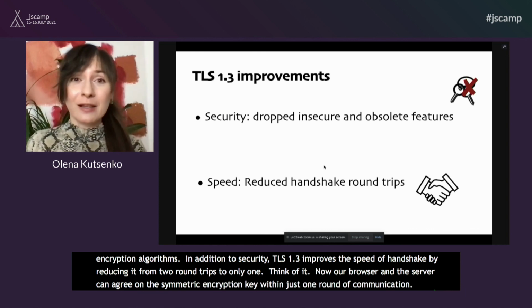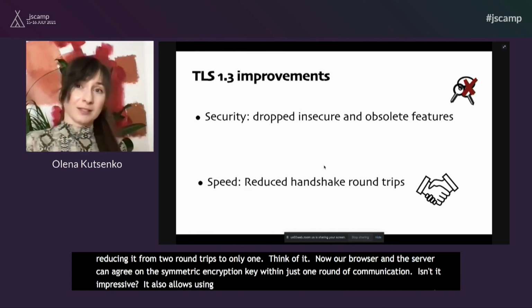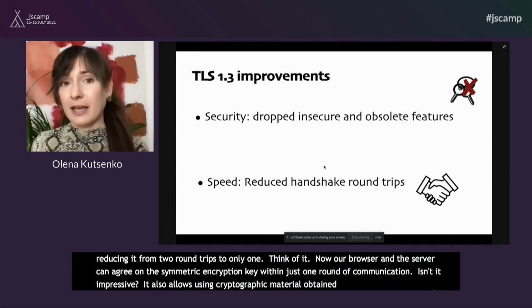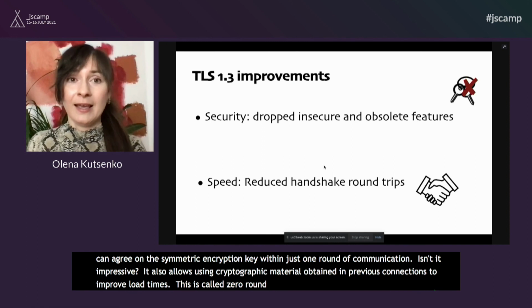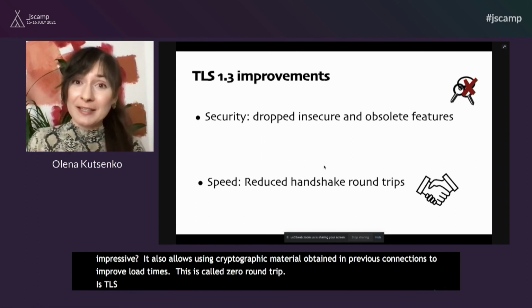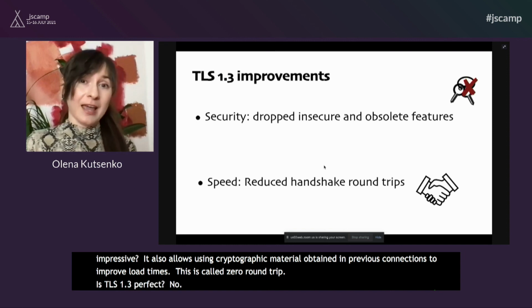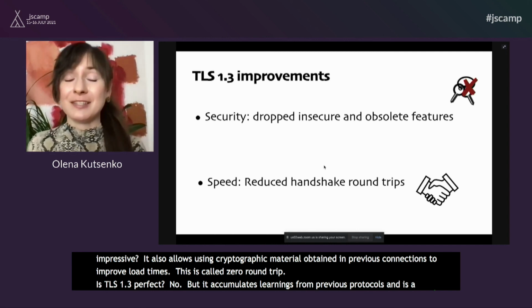It also allows using cryptographic material obtained in previous connections to improve load times. This is called zero round trip. Is TLS 1.3 perfect? No, but it accumulates learnings from previous protocols and is a step in the right direction to ensure security and privacy of the connection.